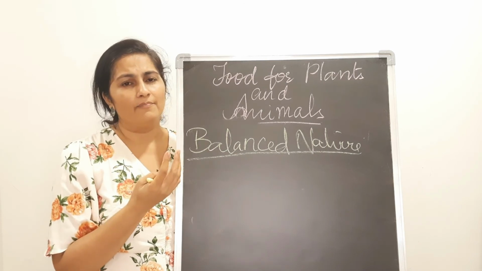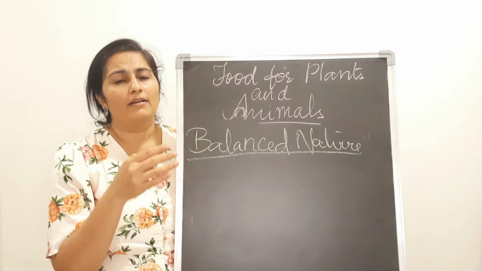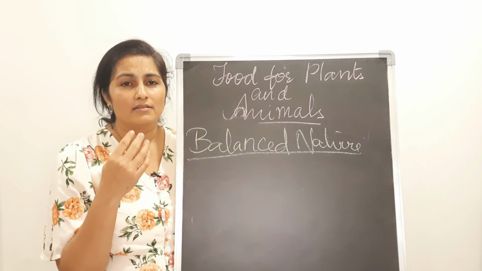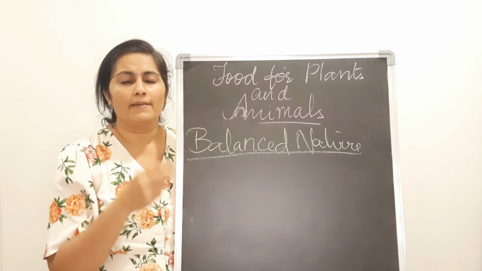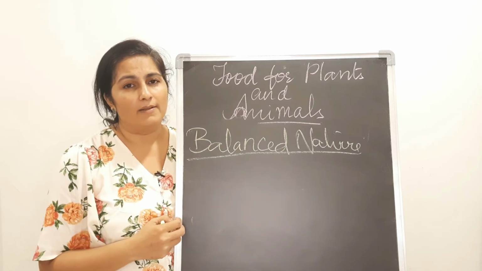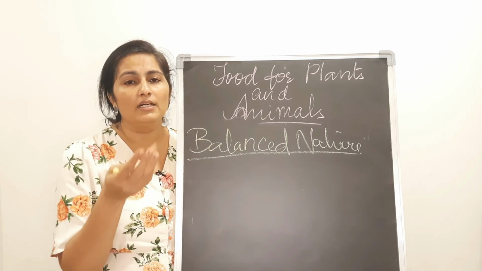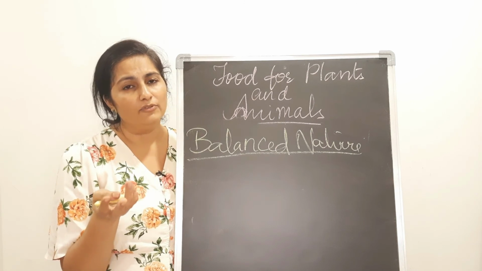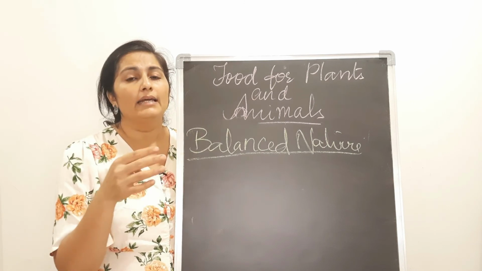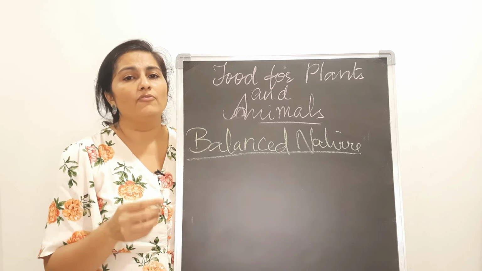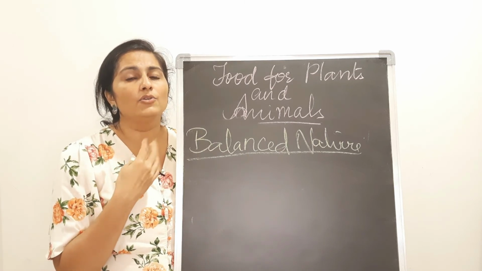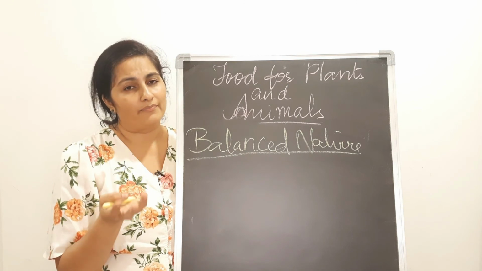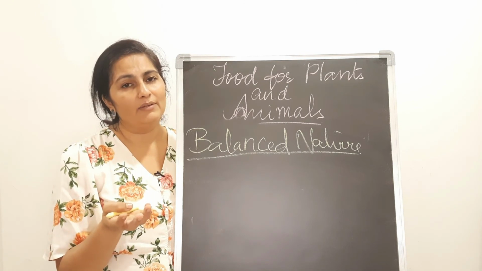Like for example, if in a particular locality, suppose take a desert area, there are not much plants. Then what happens? So the herbivores are not getting enough food. Okay, then take an example where there is absolutely no carnivores. Then what happens?